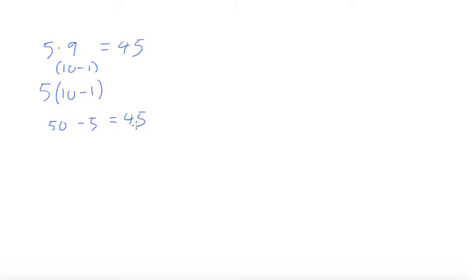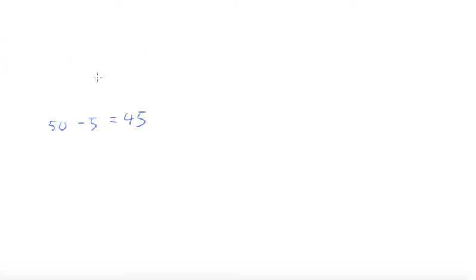Say you wanted to multiply 5 times 9. Well, you know that's 45. But you could also write that 9 as 10 minus 1. So you could do 5 times 10 minus 1. That's going to be 50 minus 5, which still equals 45.